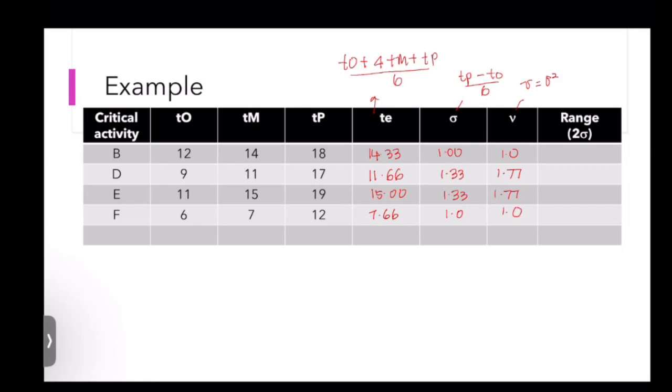Okay, so from that, calculate the total expected time, which is a summary of all expected times. For this example, the total expected time is 48.65. Then the summary of variance is 5.44.